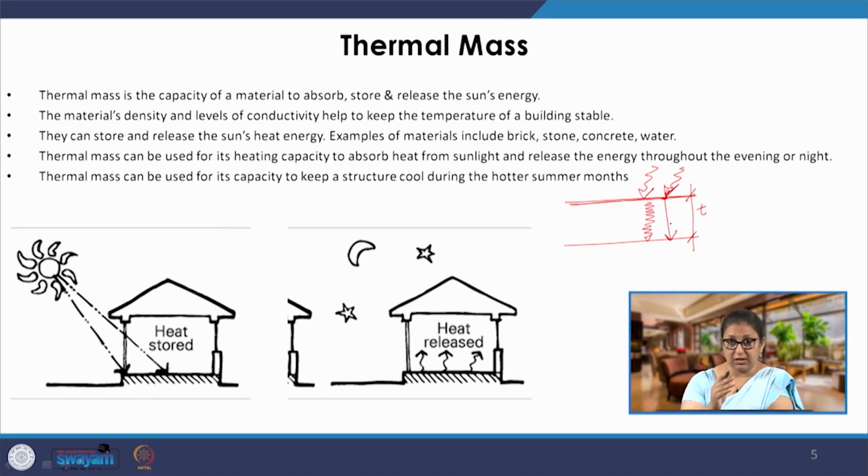So, assuming that the body is in a cooled down state at atmospheric temperature, and this body is a very thick stone wall like you would have seen in some of the forts in India, probably 1 meter or 1.5 meter thick.